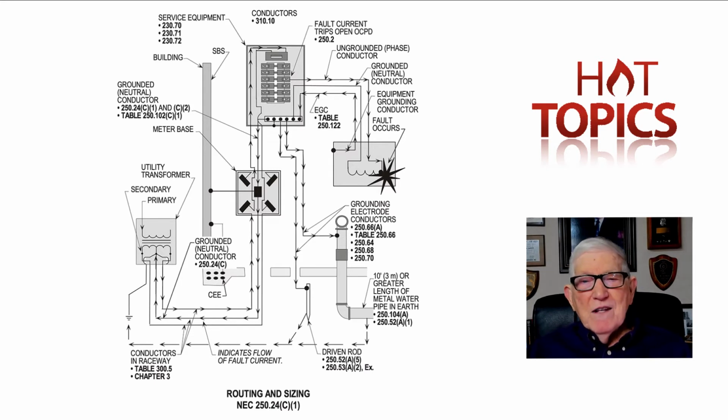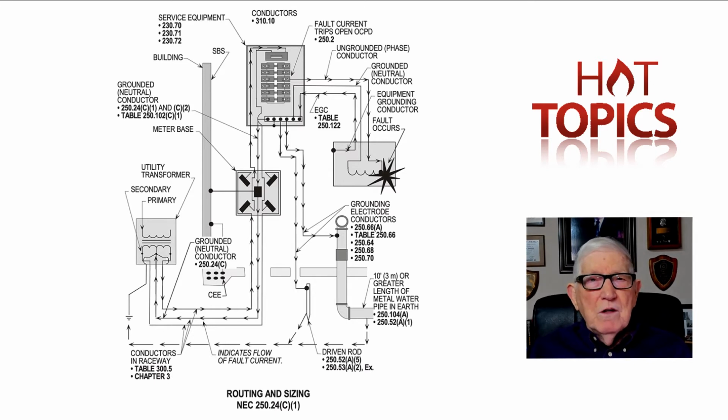But if you're sizing these grounding electrode conductors, then that would be table 250.66. And just for your information, table 250.102C1 is an overlay of table 250.66, but we're using the right terms.